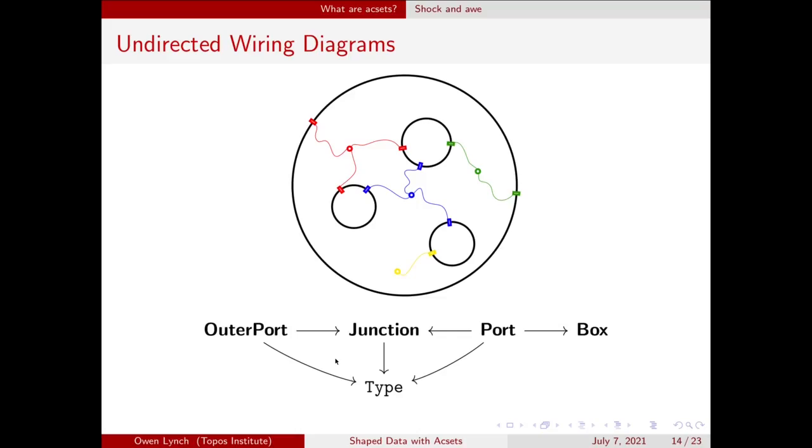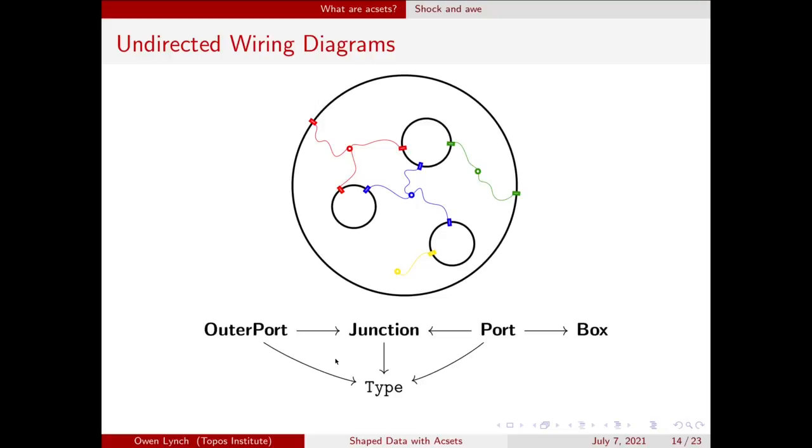And the final element of our menagerie is an undirected wiring diagram, which represents a pattern for composing, say, electronic circuits. So you can imagine in each of these holes, you could put an electronic circuit, and then it would be connected to external electronic circuits through these outside ports, and to other electronic circuits within the big circle through these wires.